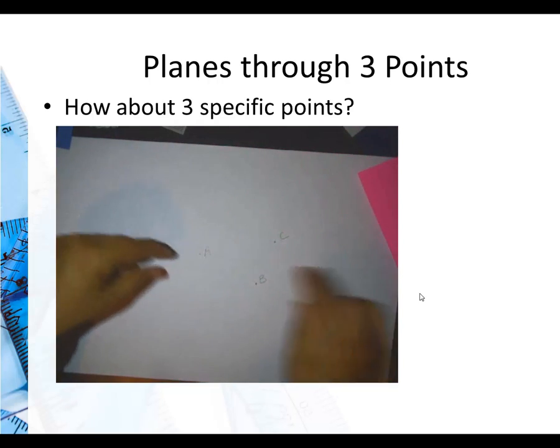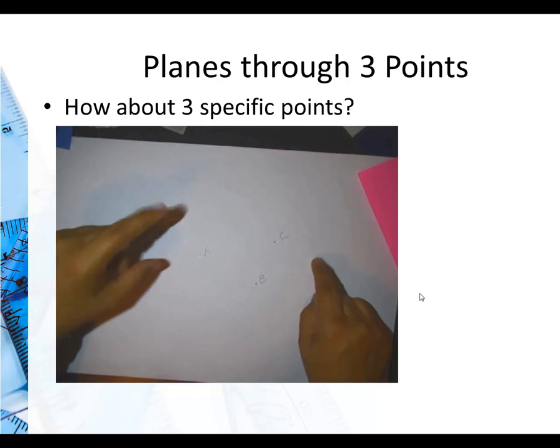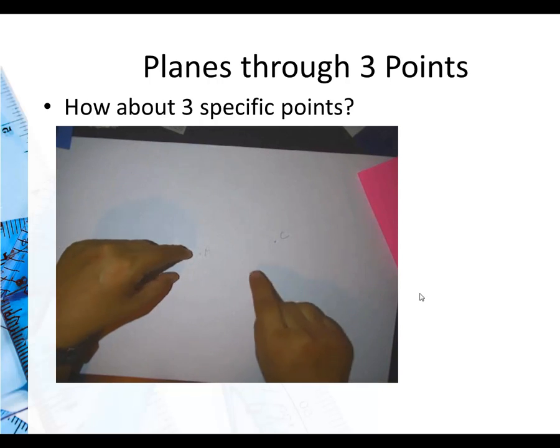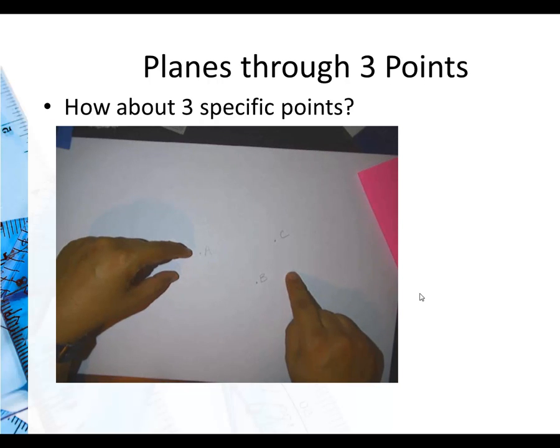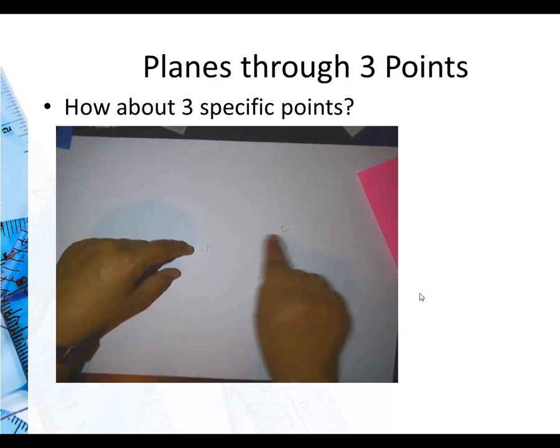So when you have any 3 non-collinear points, then you can do only one plane through those.